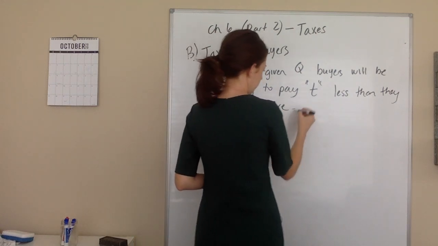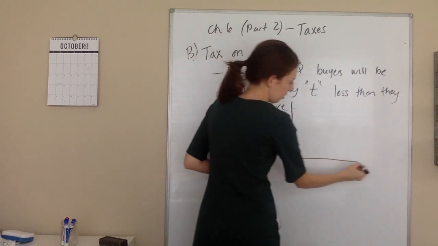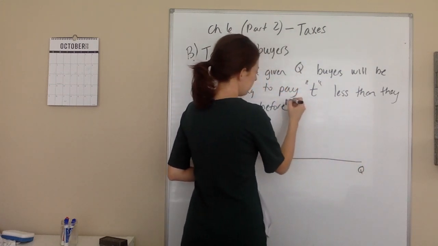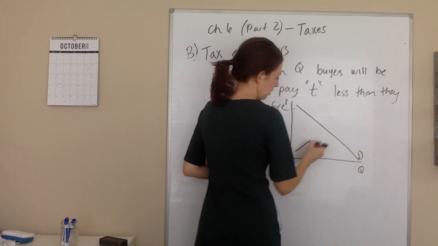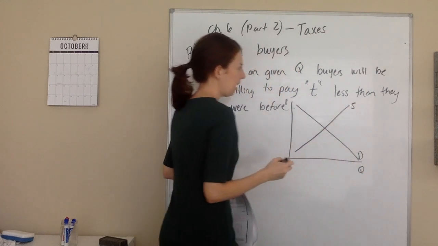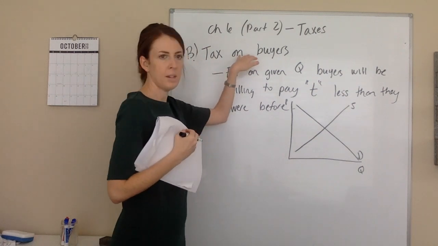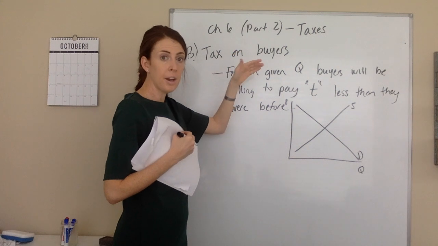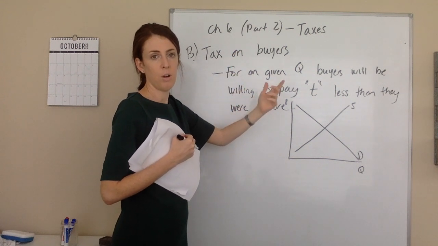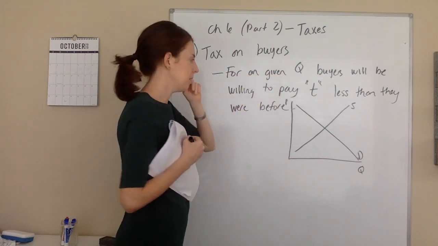Okay, so now the picture to go with this. We've got a demand and a supply, and now the government has come in and says, anytime there's an exchange in the car market, a buyer is going to have to write us a check for $100, or whatever the tax amount is.